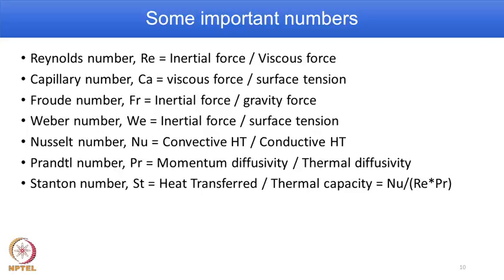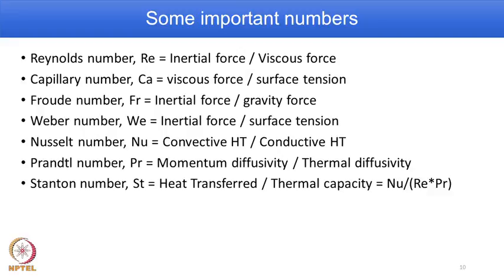Next non-dimensional number is the Weber number, again given the symbol We, which is defined as the ratio of inertial force to surface tension force. It basically tells whether inertia or surface tension force is dominating, depending on the value of the number.